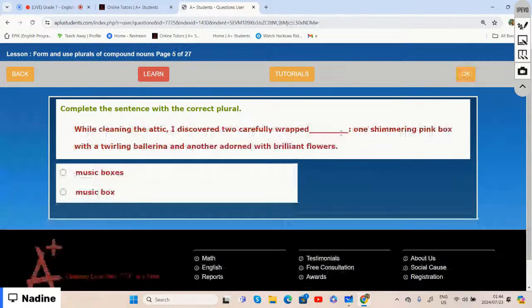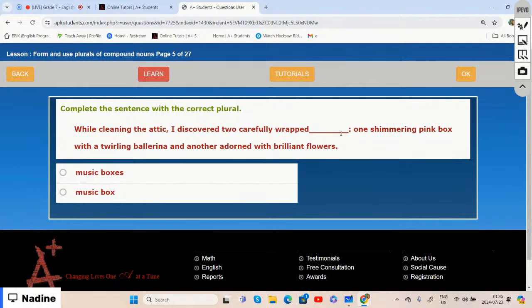It's the one more. It says, while cleaning the attic, I discovered two carefully wrapped. All right, so it says, while cleaning the attic, I discovered two carefully wrapped. Do we say music boxes or music box?